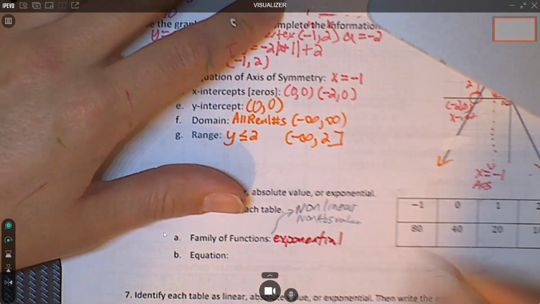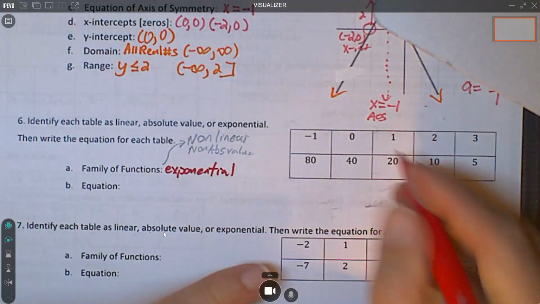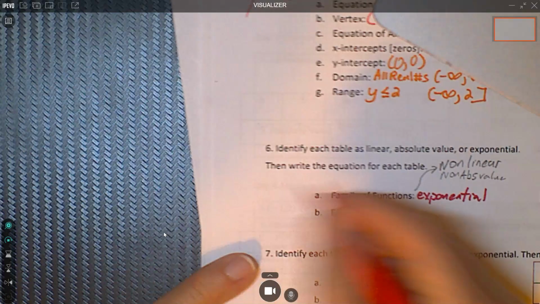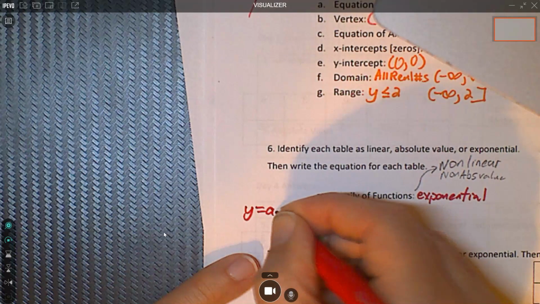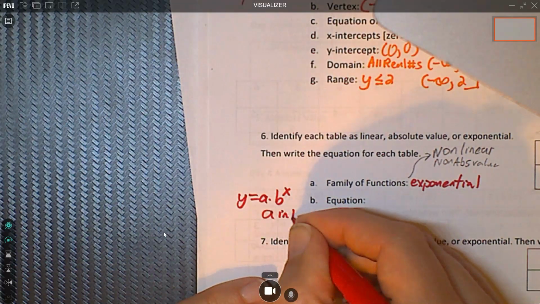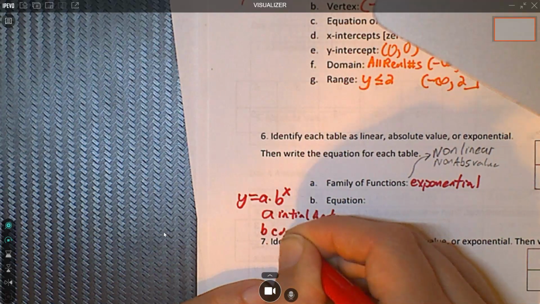Okay, I'll explain why it's exponential. The exponential equation is y equals a times b to the x. A is the initial amount, b is the common ratio.